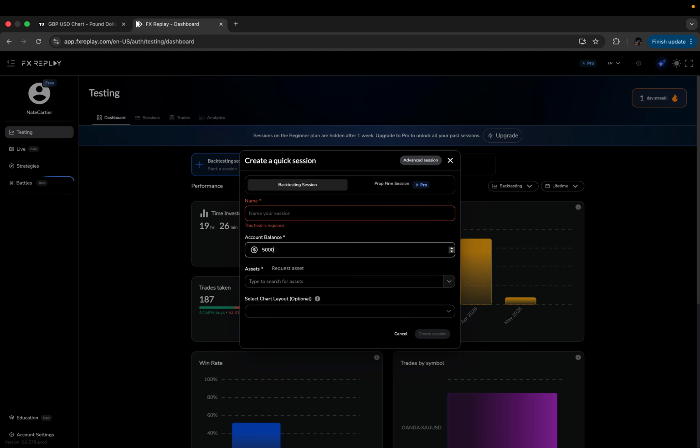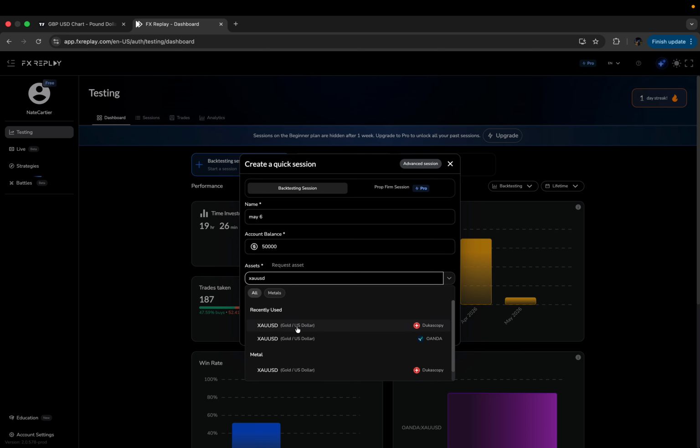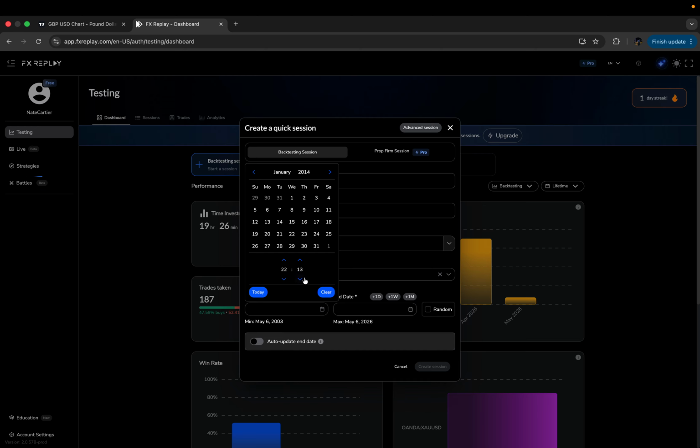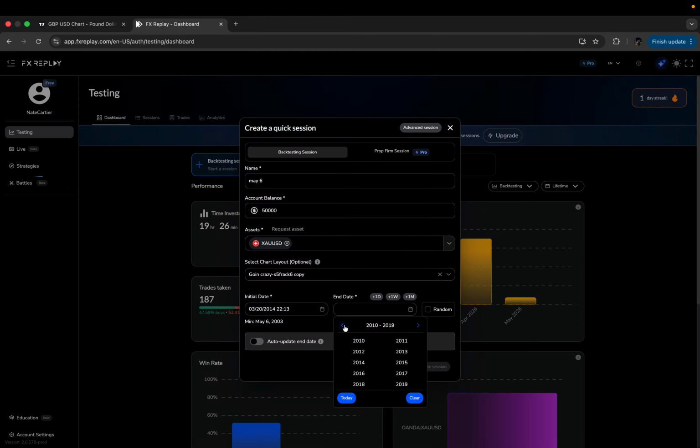Let's try to put a date on it. We'll do 20th of March 2015 to 2016, and we'll just do August.